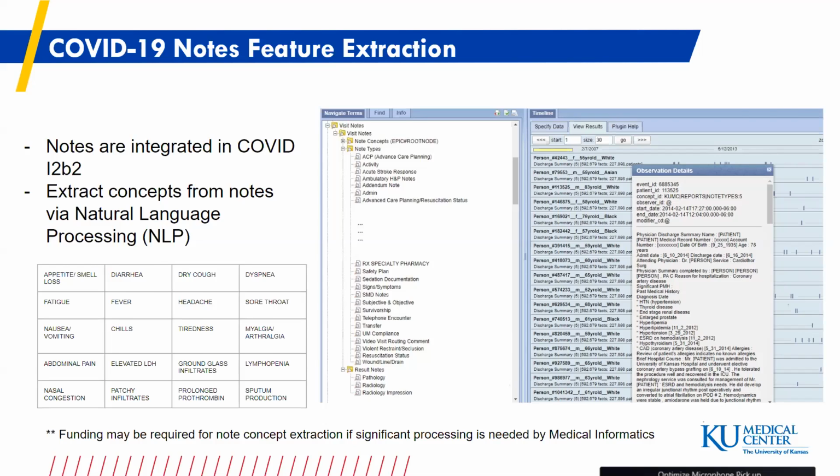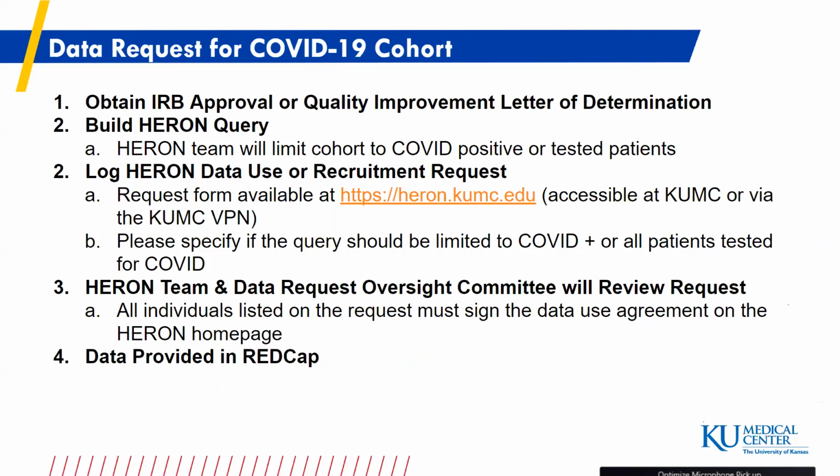Cool. So here are the steps that you want to go over to request data for the local COVID cohort. Mary, you want to go over that? Yes. In order to request the data, you do need IRB approval or a quality improvement letter of determination from the IRB.